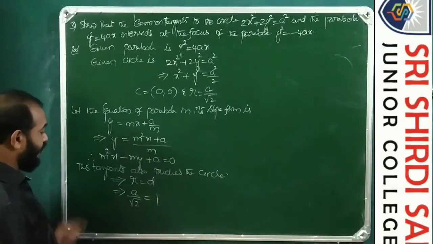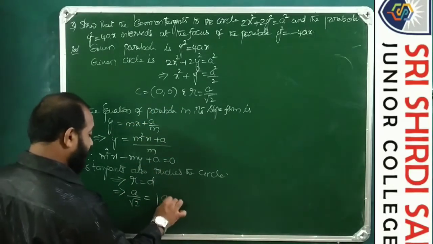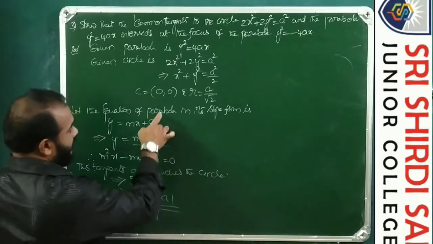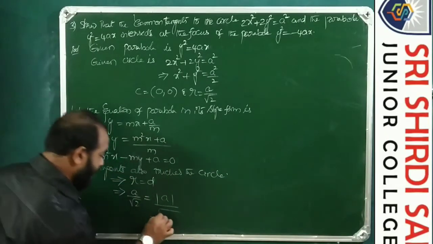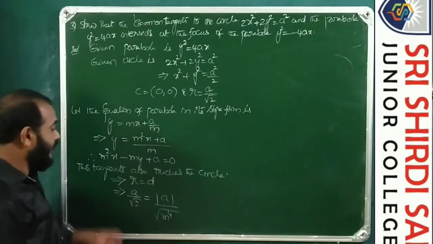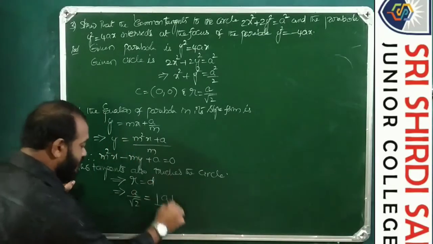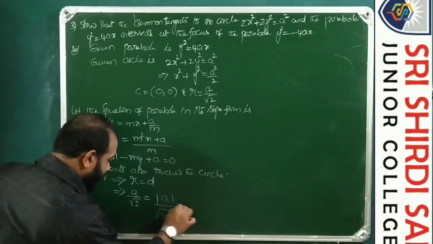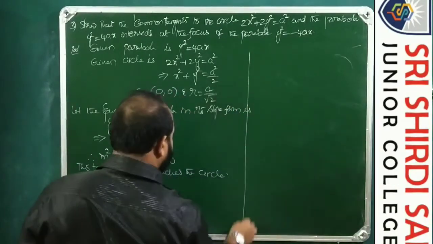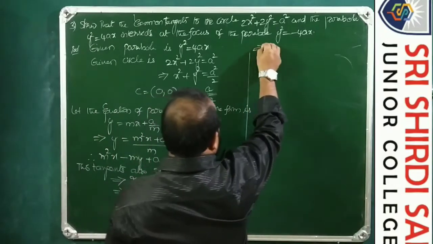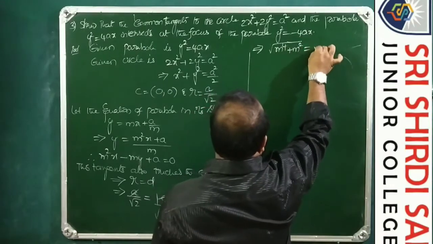So that is modulus of m square into 0 minus m into 0 plus a by square root of the square of the coefficient of x plus square of the coefficient of y, m square whole square, m power 4, plus minus m whole square, that is plus m square. This is equals to, a gets cancelled, root m power 4 plus m square is equals to root 2.